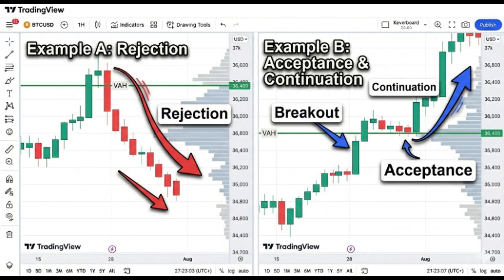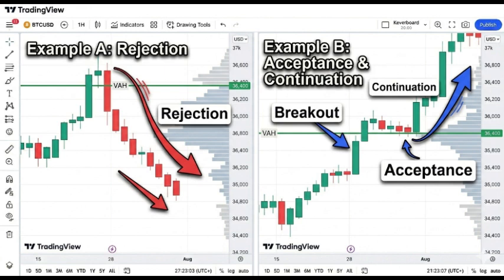If price reaches the VAH or VAL and rejects, that can give you a reversal setup back toward the POC. If price breaks through VAH or VAL and then holds, that can signal acceptance outside value, which may lead to continuation. This is where traders start to understand the difference between a weak move and a real move.